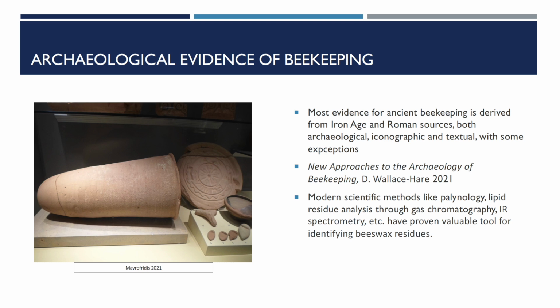Some of the oldest evidence for the use of beeswax comes from Neolithic sites in Spain, southern Spain specifically. And just here I've put the name of a collection of papers called New Approaches to the Archaeology of Beekeeping by Wallace Hare. That was published in 2021, since it's an extremely concise collection of evidence and research regarding the presence of beeswax in the archaeological record.